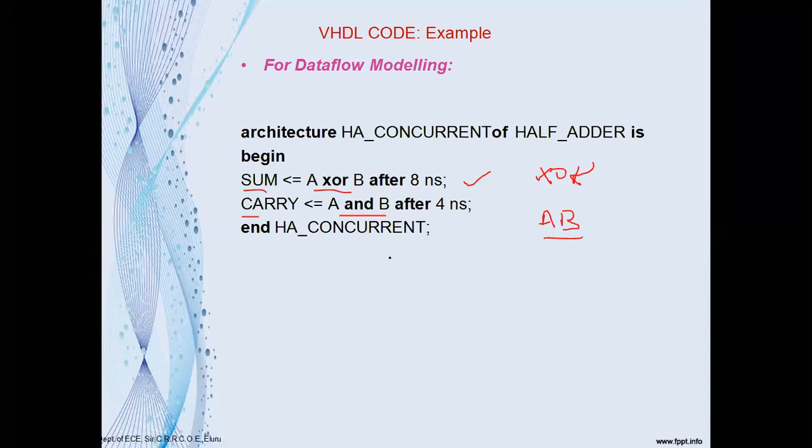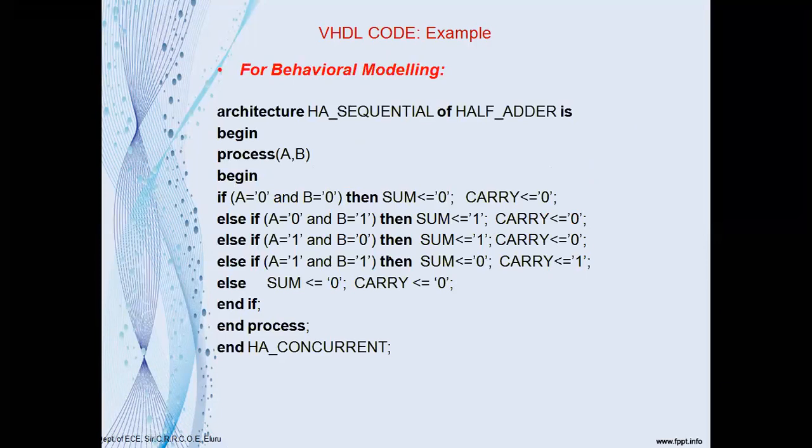The next modeling style, or the next level of abstraction, is behavioral modeling. In behavioral modeling, you will have a similar syntax. What is the syntax here? It starts with the keyword architecture, with the name of the architecture.